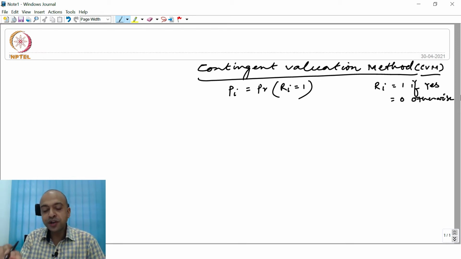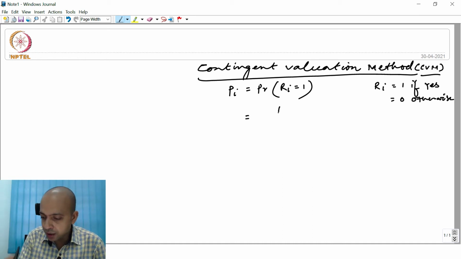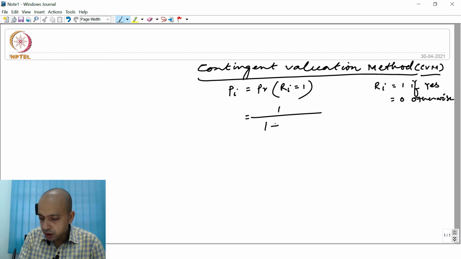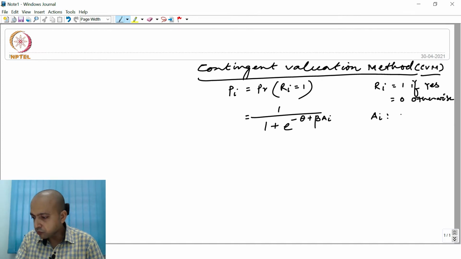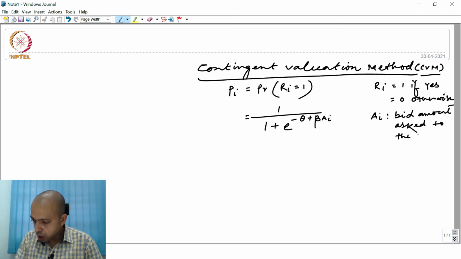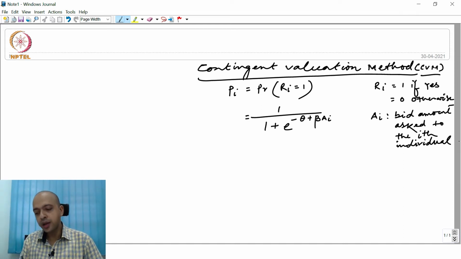So this Pi is the probability that Ri equals 1, and that ultimately we derived as 1 by 1 plus e to the power minus (theta plus beta Ai), where Ai is the bid amount asked to the ith individual.